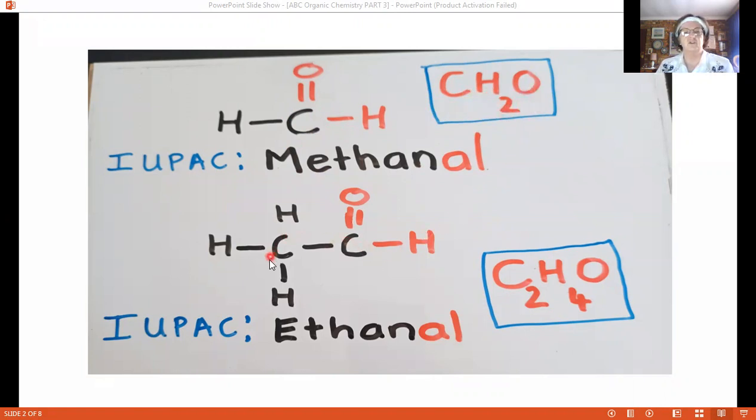Here we've got 2 carbon atoms, so it is ethanal. Like we said, the functional group is always at the end of the carbon chain, so it's C2H4O. Recall again, you can see there's a difference of 2 hydrogen atoms from the first to the second carbon. Therefore, it also forms a homologous series.